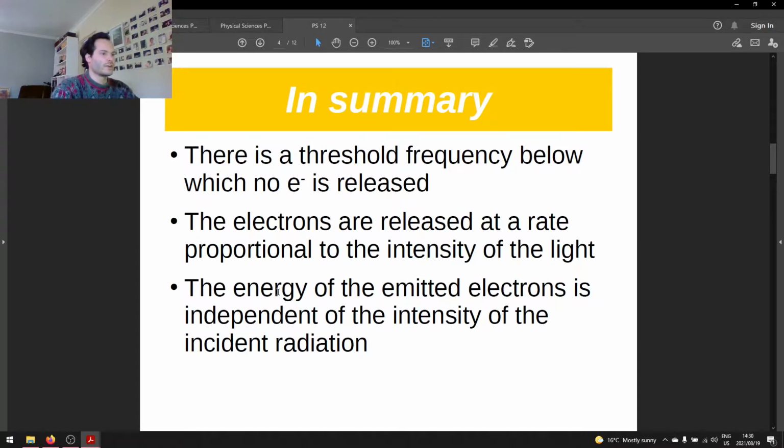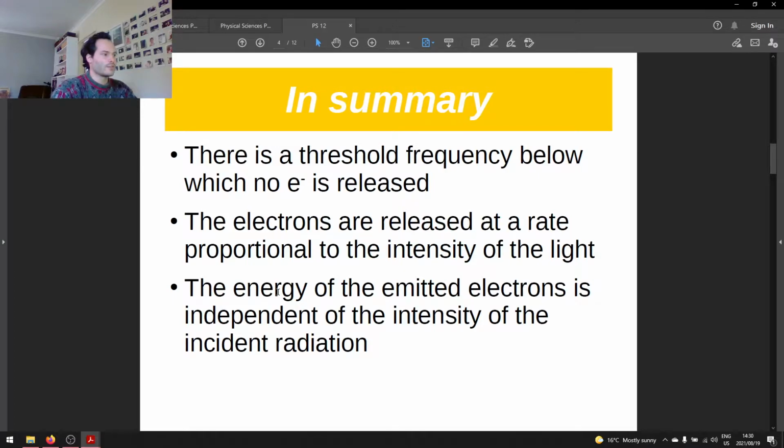Electrons are released at a rate proportional to the intensity of light. What that means is that if the photons do have enough energy or a high enough frequency, then the more photons I project onto that metal, more electrons are going to be released, or they're going to be released at a greater rate. This can increase the current that I can experience.